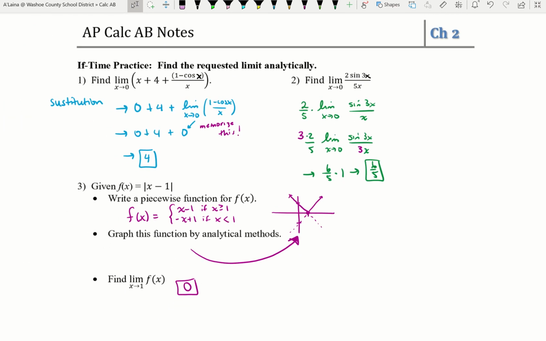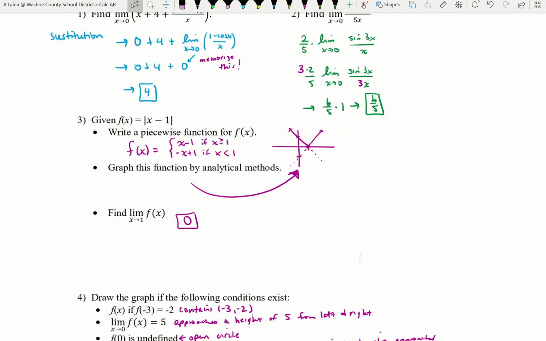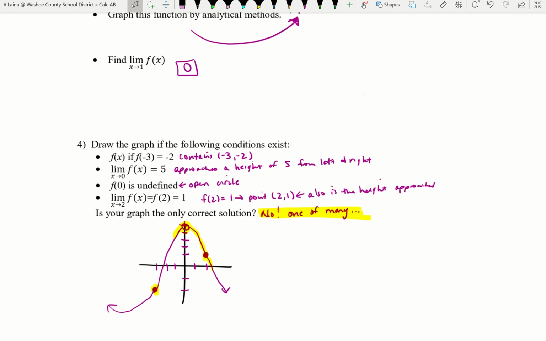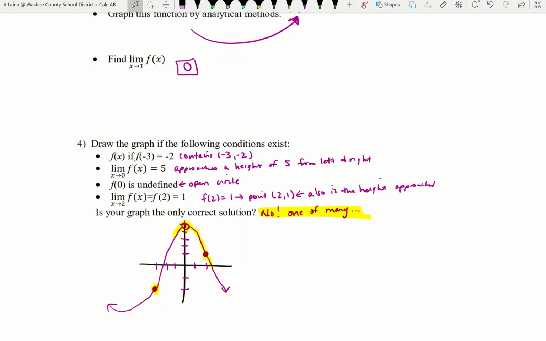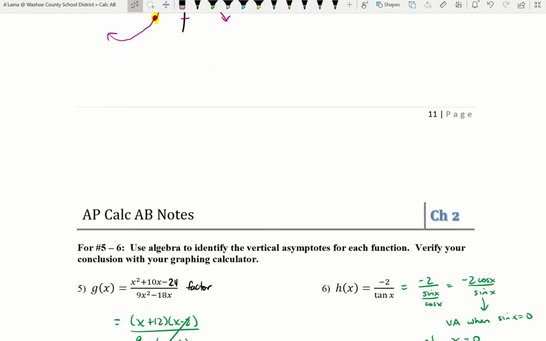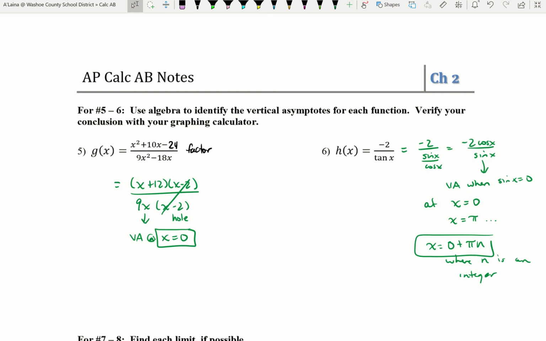And I'm not going to go over these right now, but you can pause the video as needed in order to look more closely at any of these. And you can ask your teacher if you do have some additional questions on these. By the way, number 4 could be drawn many, many different ways. So this is just one possible solution. Again, if I'm going too quickly, just pause the video so that you can see the solutions a little bit more closely.